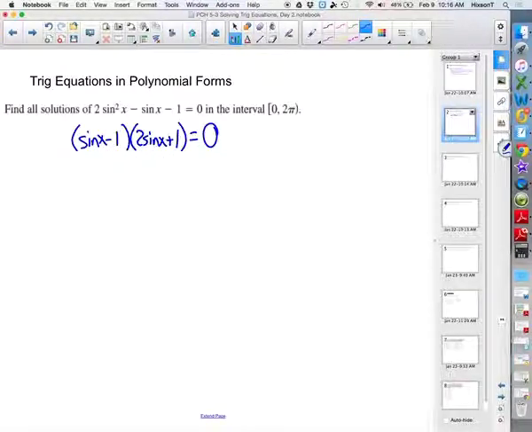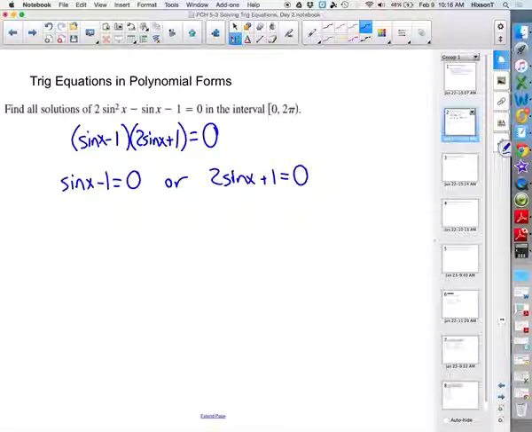Now, in a polynomial, once you had it factored, you knew that either one set of parentheses had to equal 0, or your other set of parentheses had to equal 0. In order for them to multiply together to equal 0, one of them had to equal 0.